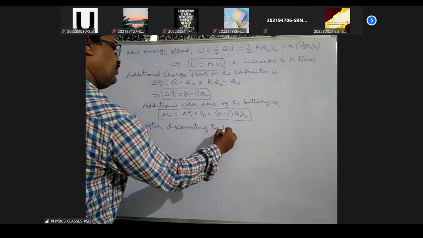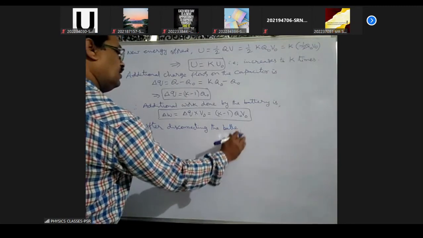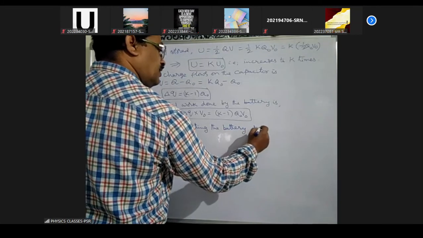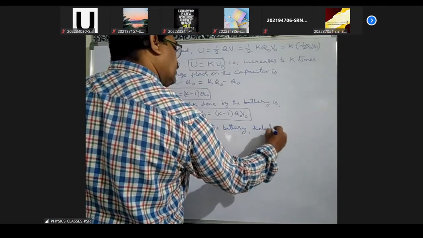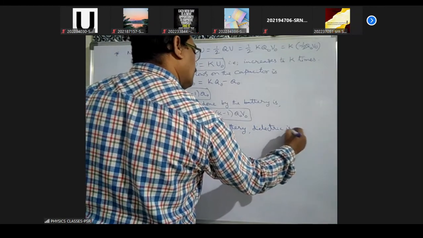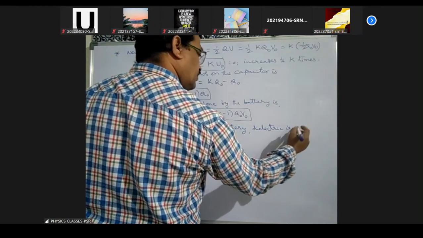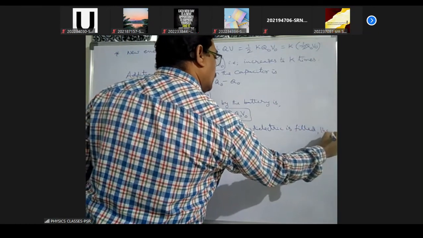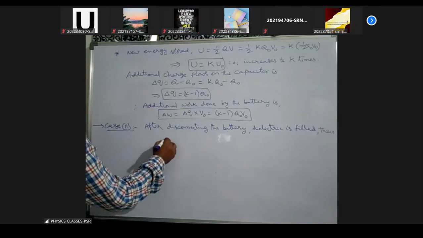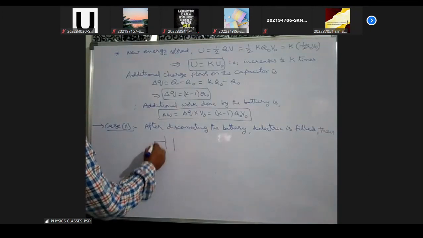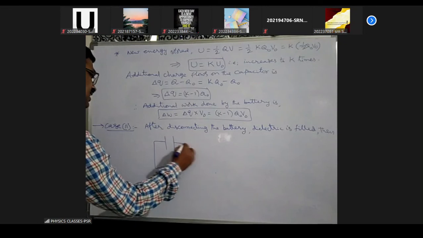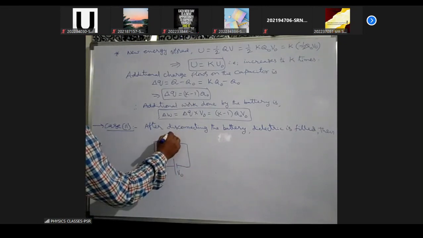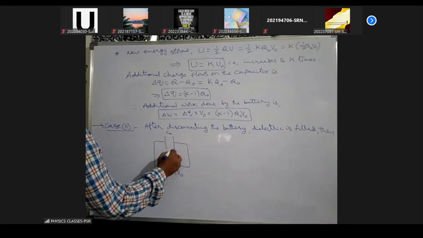After disconnecting the battery, dielectric is introduced. So here this is a battery charging like this with V0. This is the capacity C0 and the potential difference is V0.